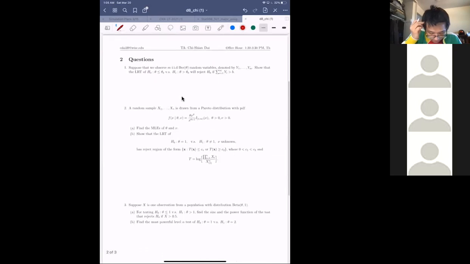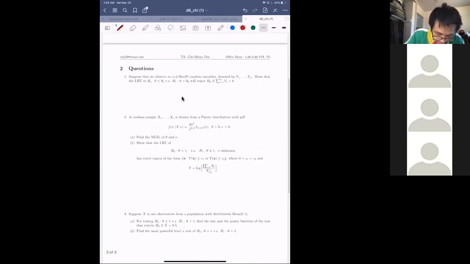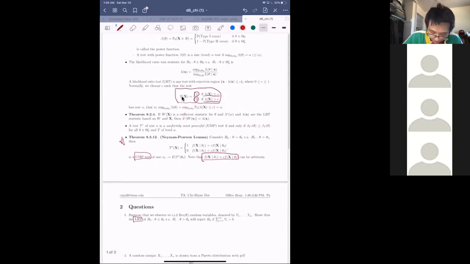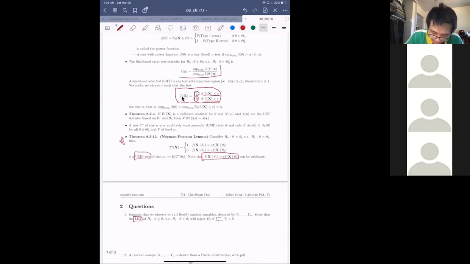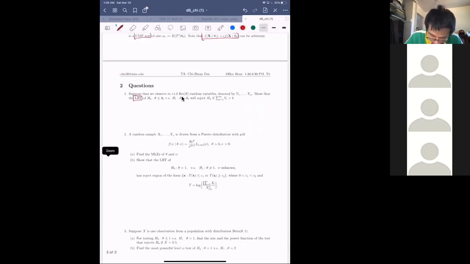Okay, so let's do the questions. Question 1 is just a likelihood ratio test. So you have to calculate this and figure out the constant C. I think you only have to reduce this to a form like this.